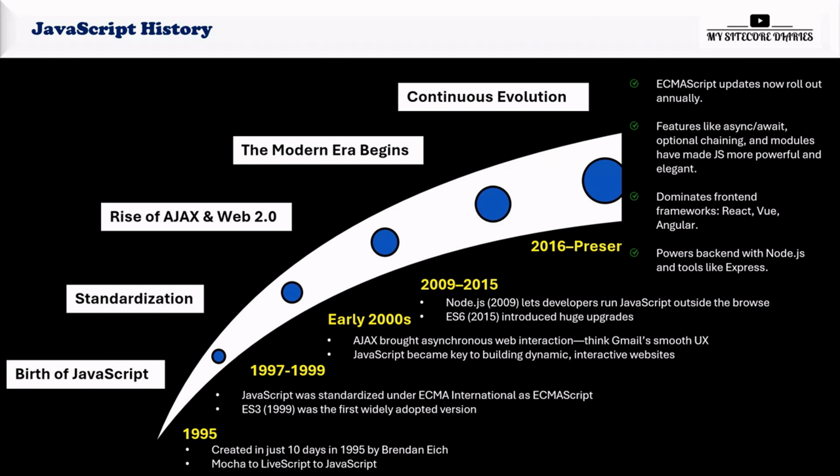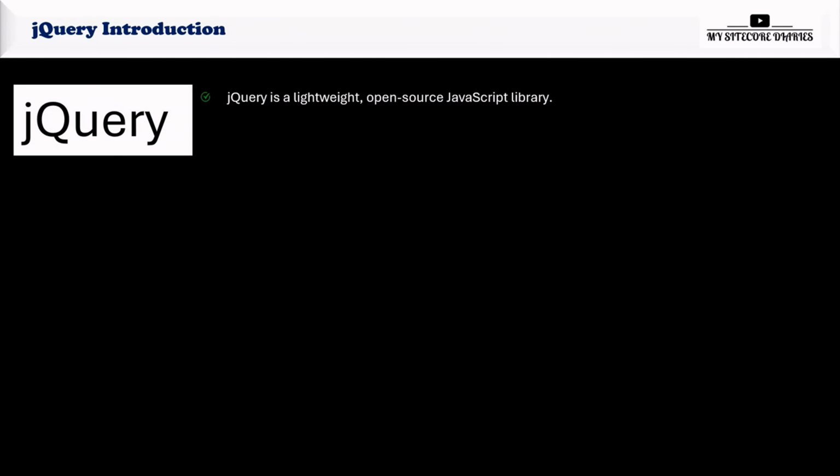Let's now talk about jQuery, one of the most popular libraries ever created for JavaScript. jQuery is a lightweight open source JavaScript library designed to make coding easier and faster.